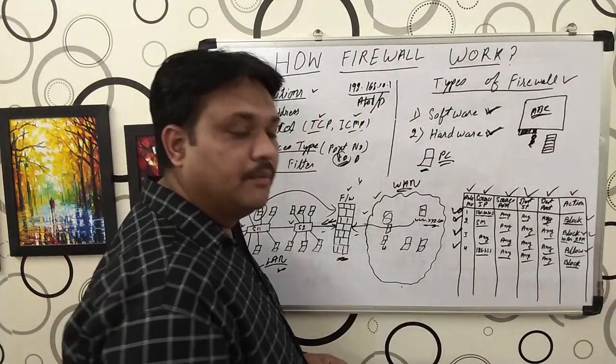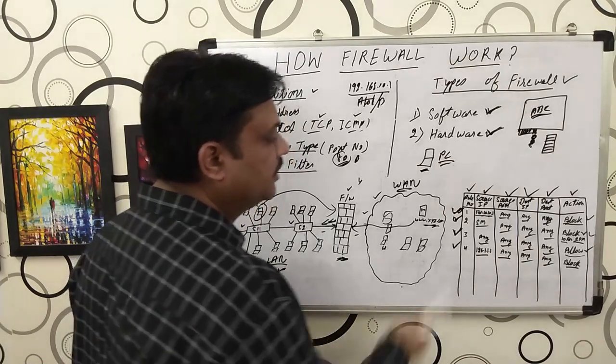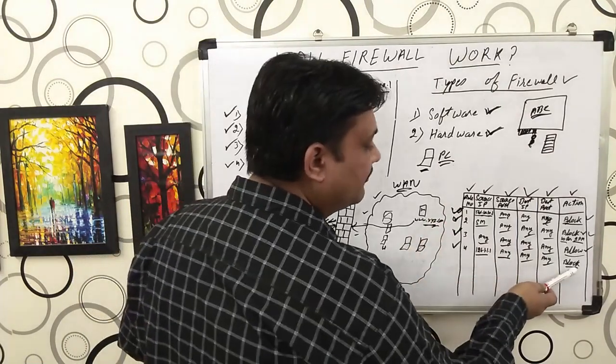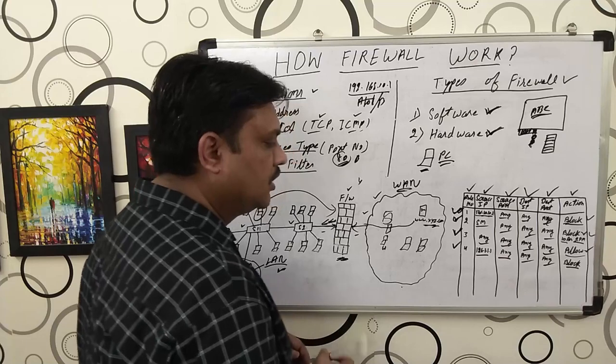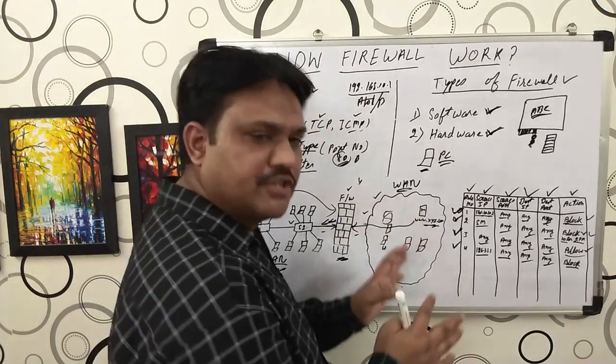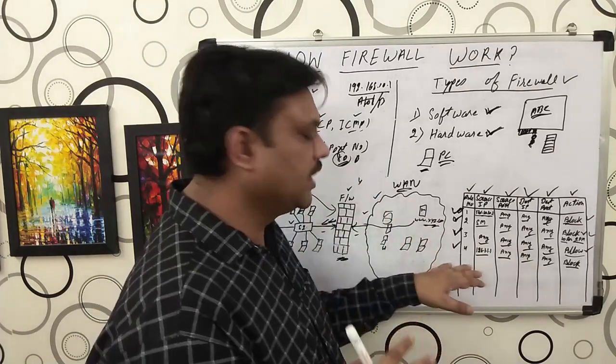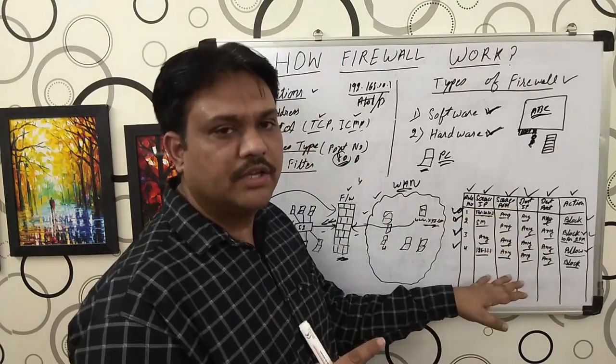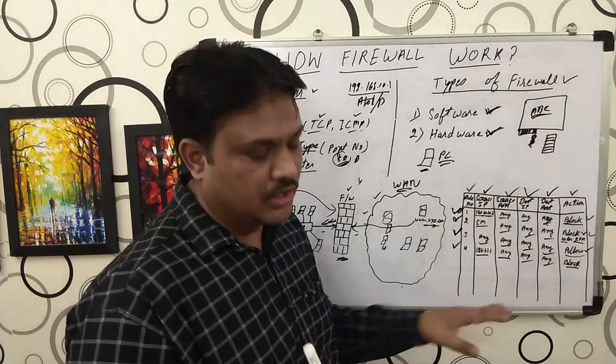Now it is very important to understand where you have configured the condition. As a network engineer, you have configured your condition and you are thinking that okay, I have configured it into the firewall, so it will work.